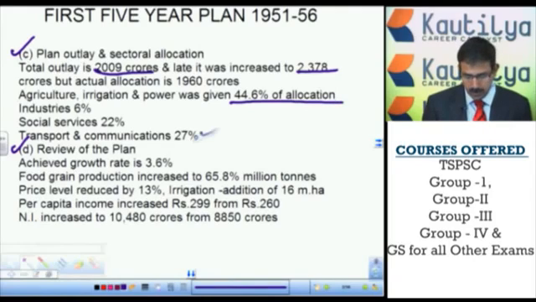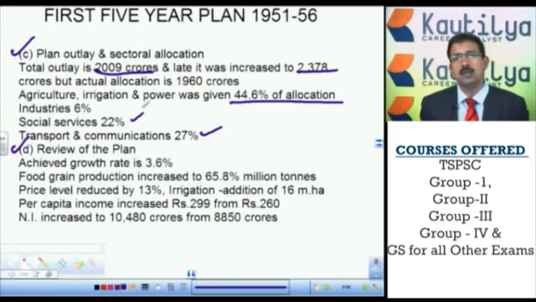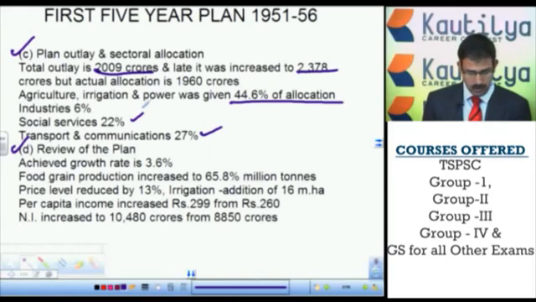The second important is transport and communications with 27%, and the third one is social services with 22%. So in the third subhead, namely the outlay and the sectoral allocations, one may not compulsorily remember all the allocations, but one should remember the top 3 sectors, what those areas are and what the percentage is, keeping the examination point of view.